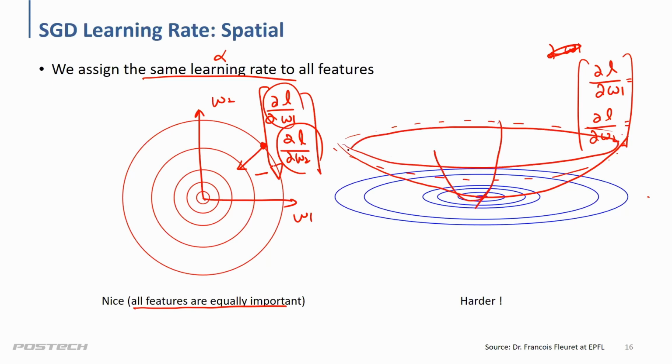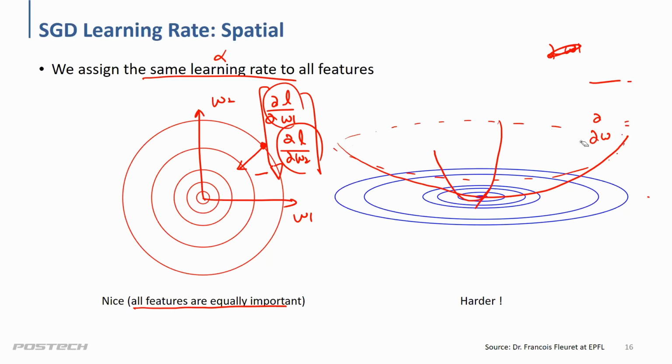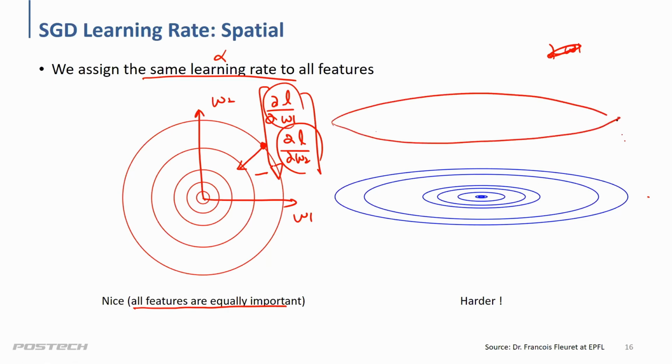Do you guys know what I'm trying to do? Let me write it again. So this one is the contour. Is it better to visualize in 3-dimensional space? Yes. So this way is much steeper than this way, right?